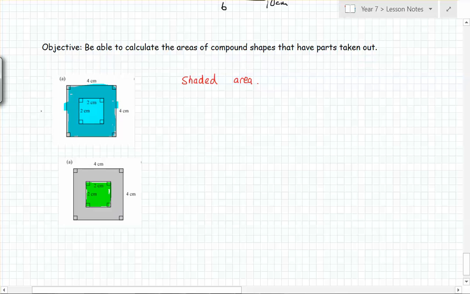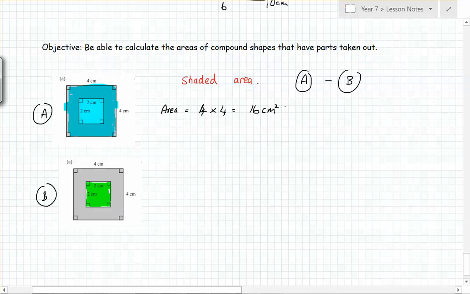So if this was area A, and this is area B, the shaded area would be area A subtract area B. So the area of A is what? 4 times 4 equals 16 square centimetres.